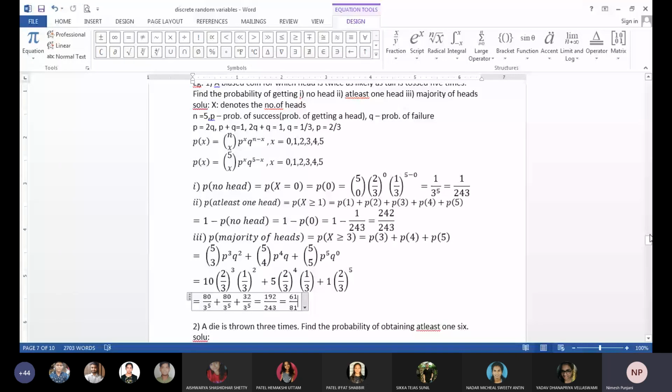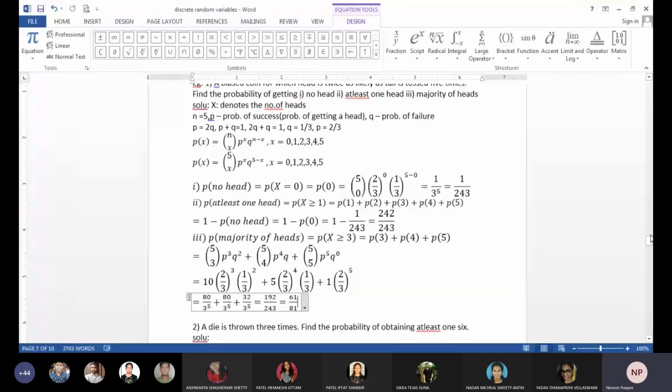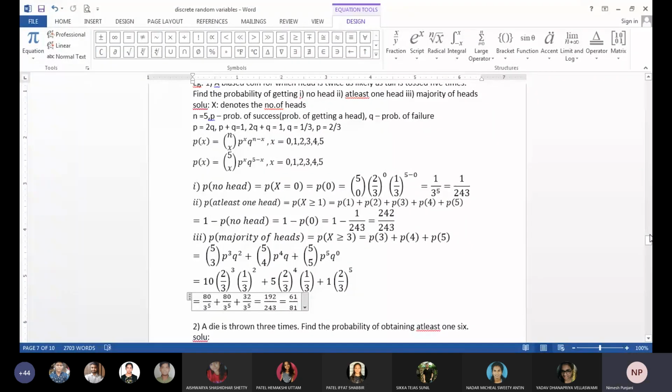Then P of 3, वो जो फॉर्मूला है अपना 5cx p raised to x q raised to 5 minus x, उसको यूज करके लिखा हम लोग ने. So we get 5c3 p raised to 3 into q square plus 5c4 p raised to 4 into q plus 5c5 p raised to 5 multiplied by q raised to 0. This much is okay.